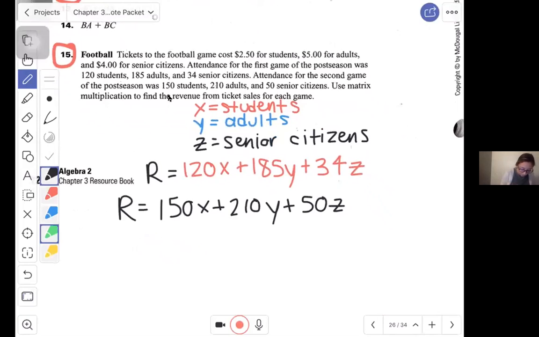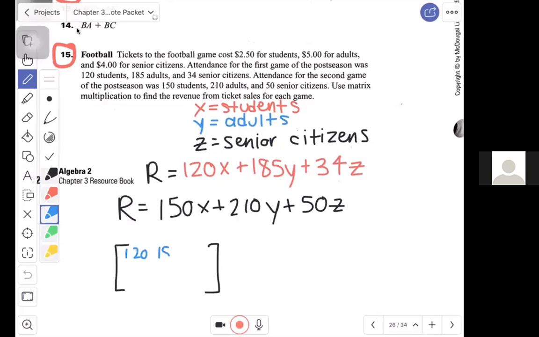So here we know that our first matrix is our coefficient matrix. What are your coefficients here? Ava R., could you tell me what our coefficients are here? Yeah, so it would be 120, 185, 34, and then on the next line it would be 150, 210, and 50.